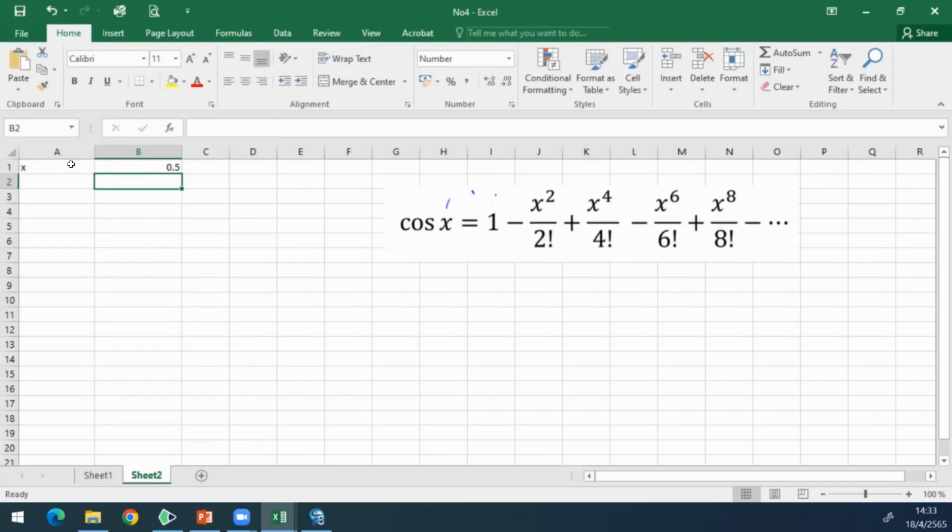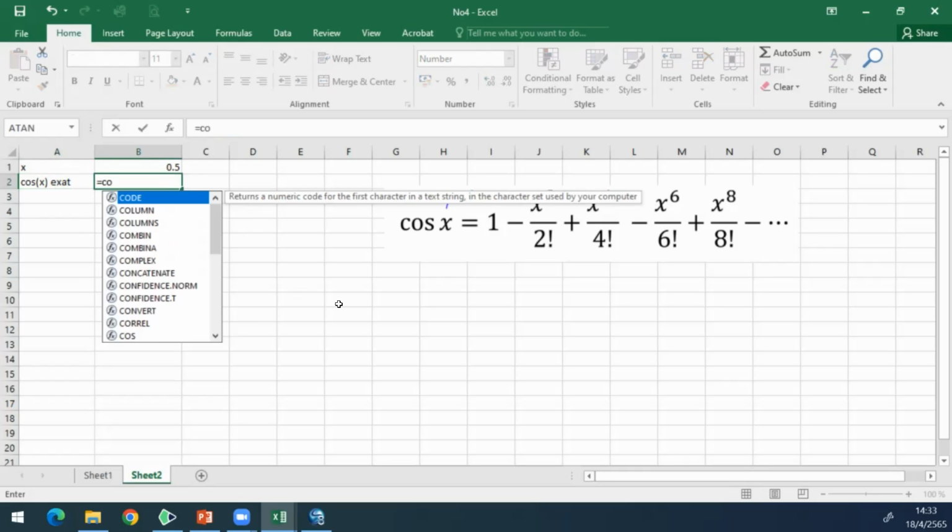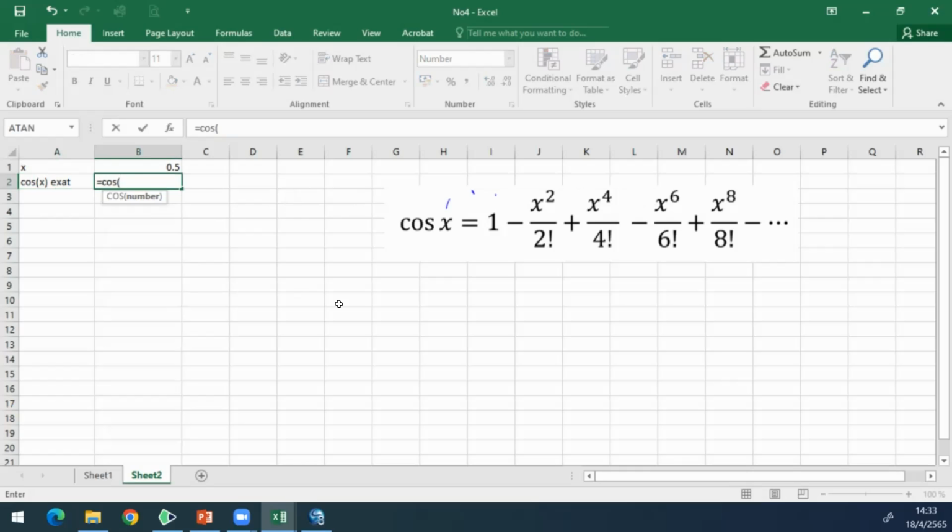And then we will determine cosine x. This value represents the exact one, right? The exact one is equal to cosine x, right? Okay, this is the exact one.